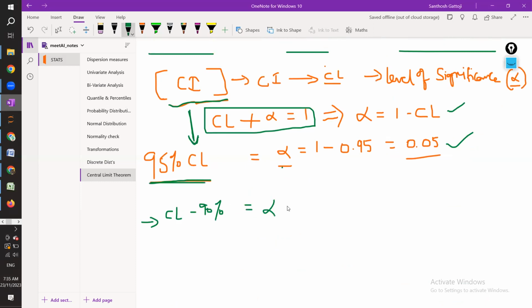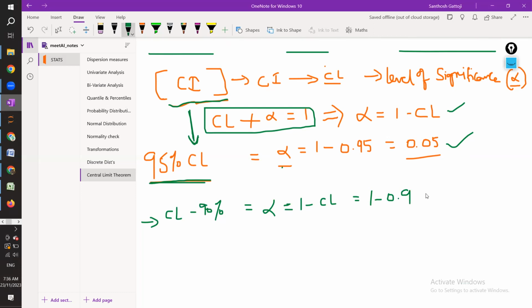Alpha is 1 minus CL, that is 1 minus 0.9, or 0.90.